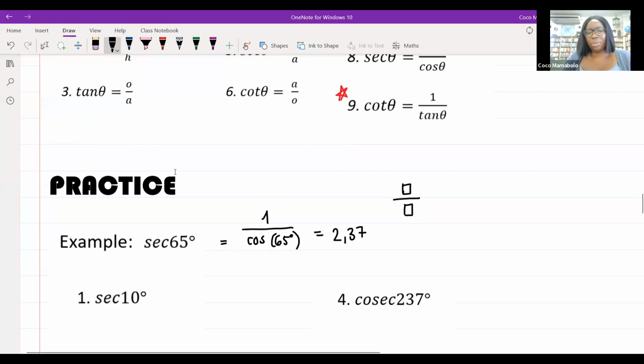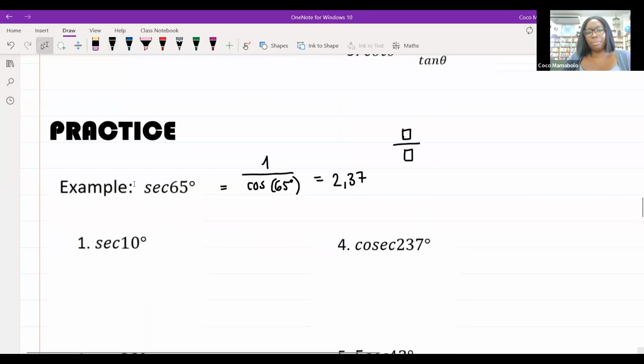It's not that difficult. Do you want to try this next one with me? Let's try number 1. This one says sec of 10 degrees. How am I going to write this one out, Reatile? 1 divided by cos of 10. That's it. Punch that into your calculator.